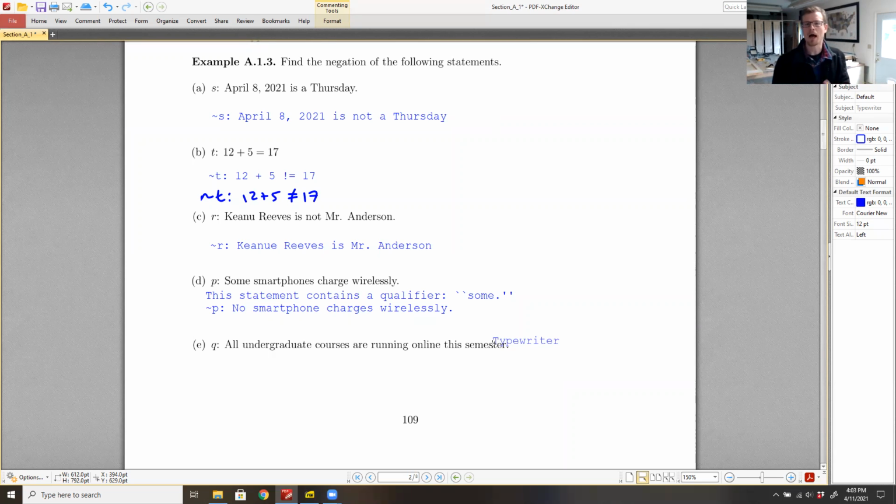The idea of some smartphones charge wirelessly, we can say maybe a little bit more exactly by saying there exists a phone that charges wirelessly. And the negation of that would be that all smartphones do not charge wirelessly. You'll find that most texts phrase it in this way.